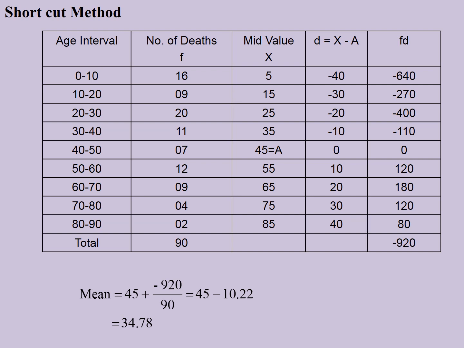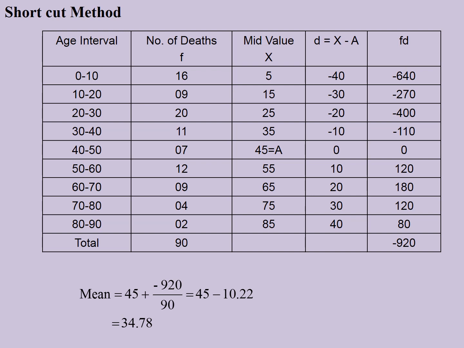Now again I request you to go into the details of the formula that I mentioned in the previous slide for the shortcut method for continuous frequency distributions. That formula is: mean is equal to assumed value plus summation of fd divided by N, where N stands for summation of f.